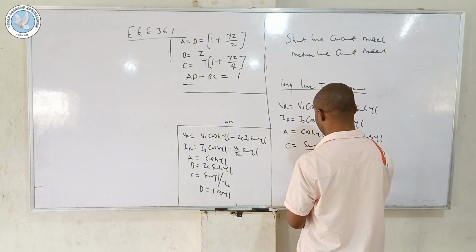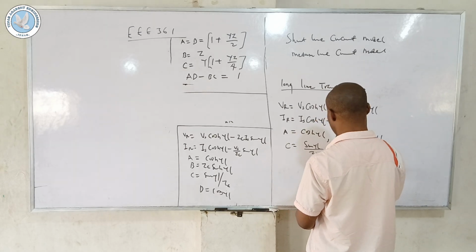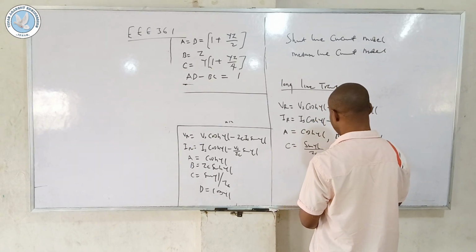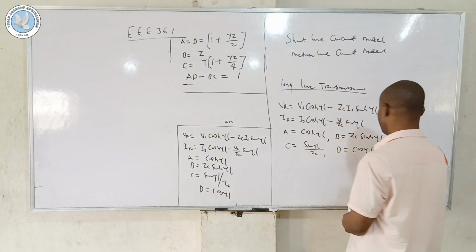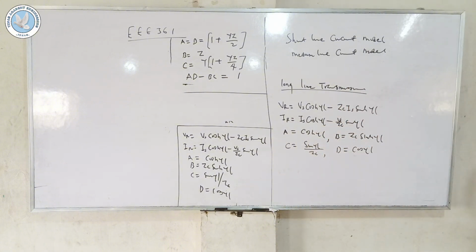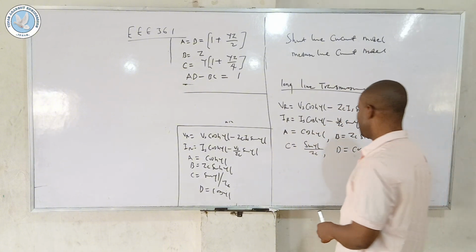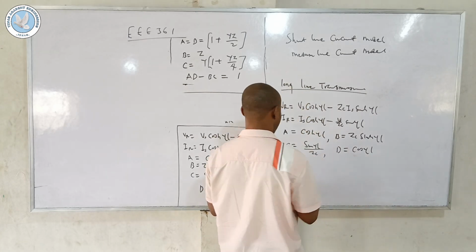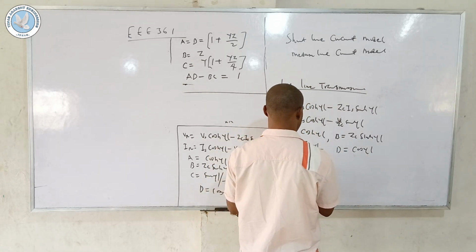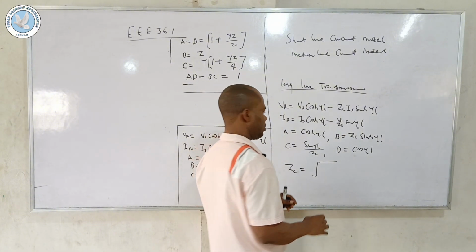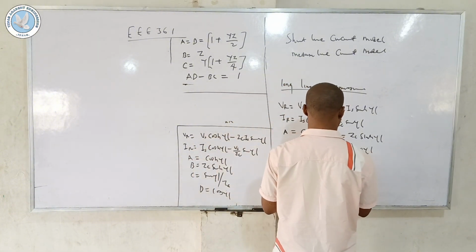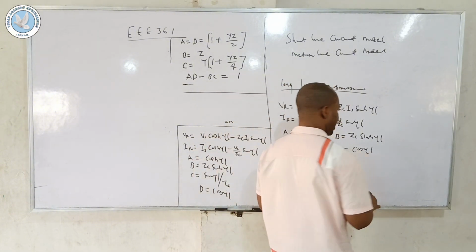Please take note that your characteristic impedance is the same thing as Z divided by admittance. We call this characteristic impedance.